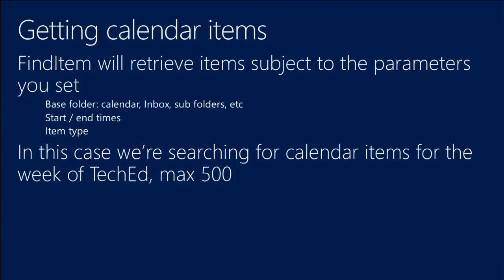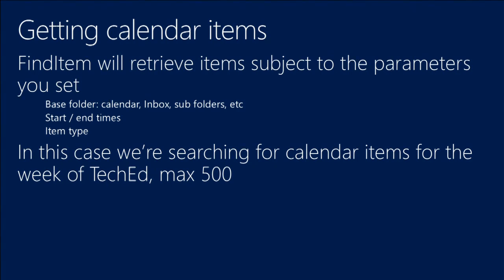In this case, what we want to do is actually use an EWS call to do something. When we first got started, we were just making a simple EWS call that works on a single purpose-built item. So when you call get OOF status or set OOF status, there's only one OOF status per mailbox.